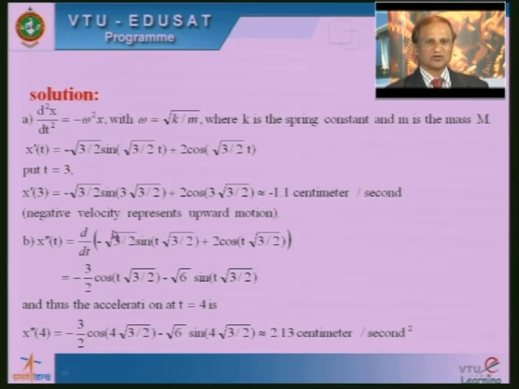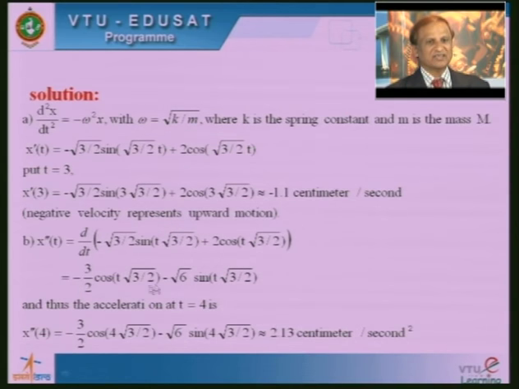Because square root of 3 by 2 into square root of 3 by 2 gives 3 by 2, negative sign as it is. So, minus 2 times sine of t into square root of 3 by 2, because the derivative of cos a t is a into sine of a t along with the negative sign. Is it clear? Like that we are able to find the derivative of this function.